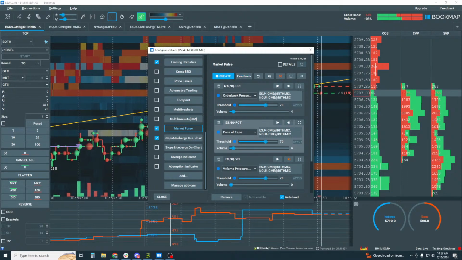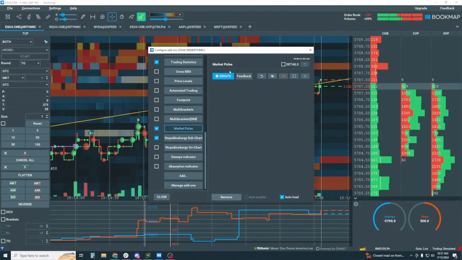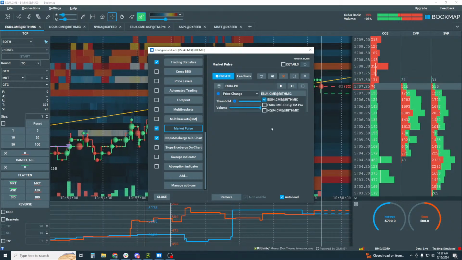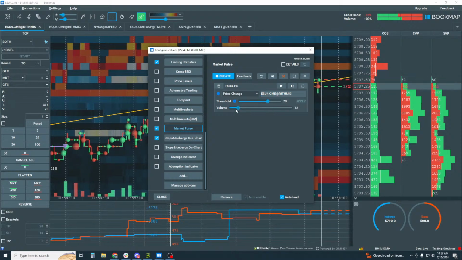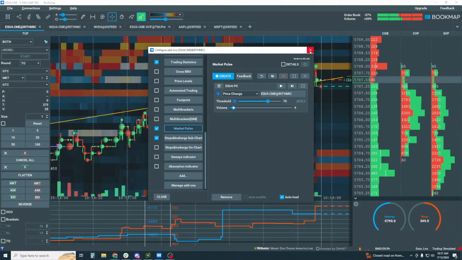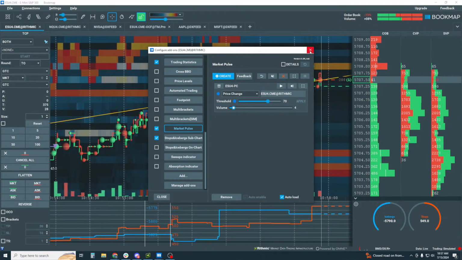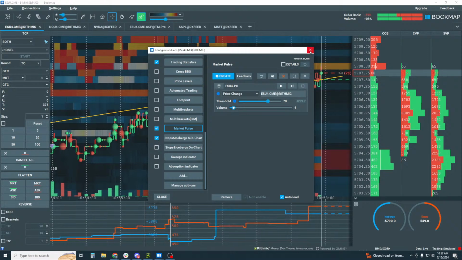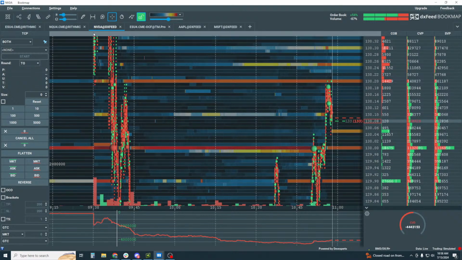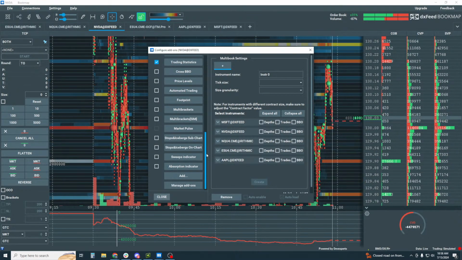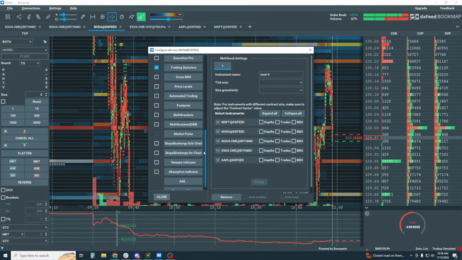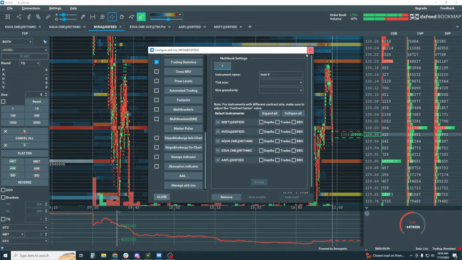Now, hold on a minute. Okay, what am I doing wrong here? I know it works for stocks. So let's just go over here and take a look. Yeah, I'm using a, okay. I'm sorry about that.